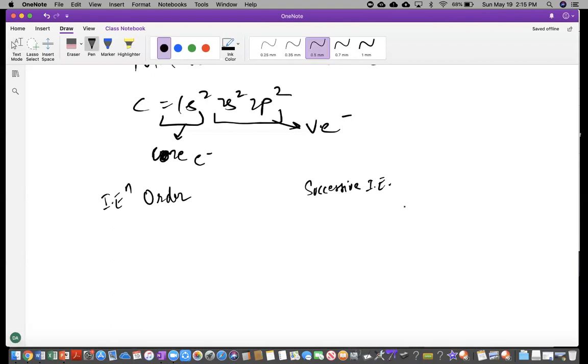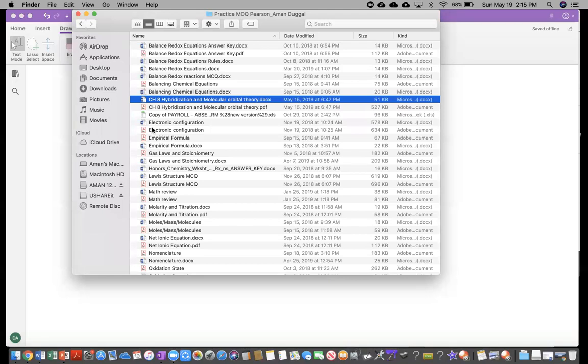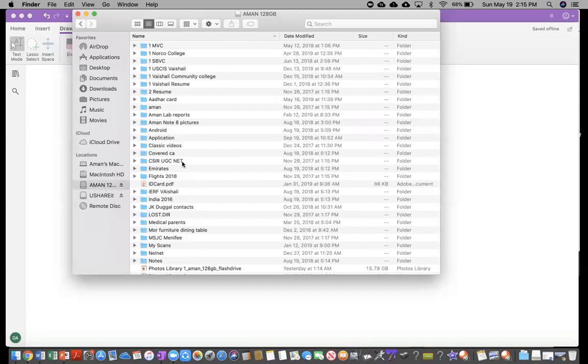The other question will be successive ionization energy, where I give you some data. Remember those jumps? That's how you recognize which atom from the periodic table it is. Let me open the periodic table and give you some examples.